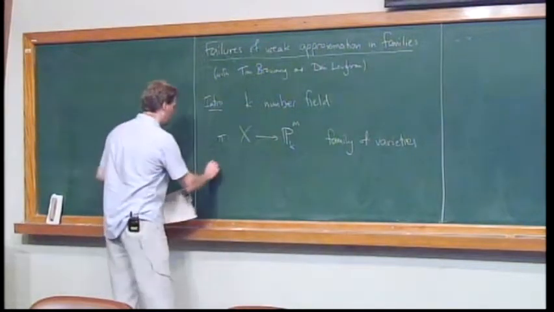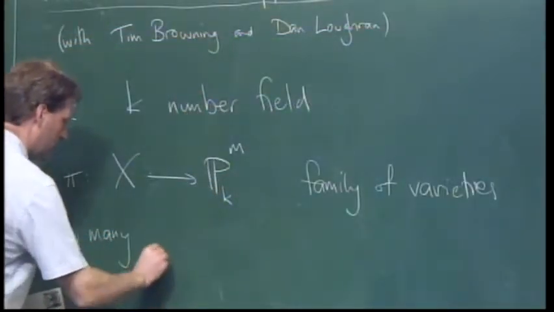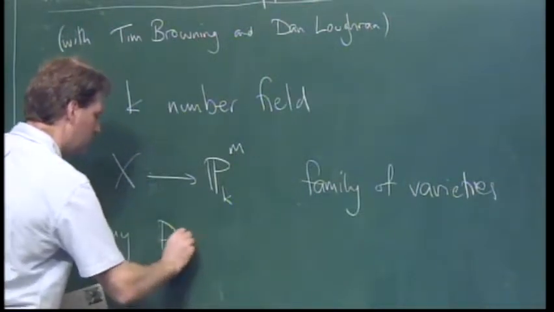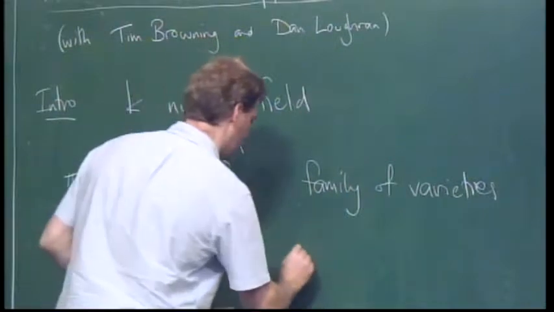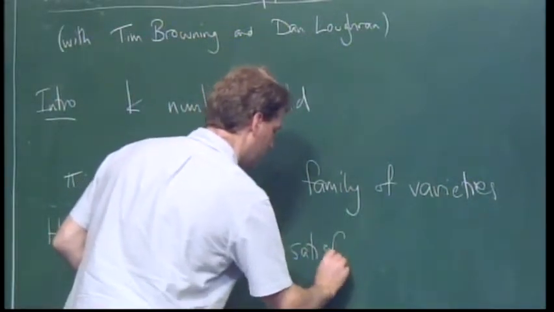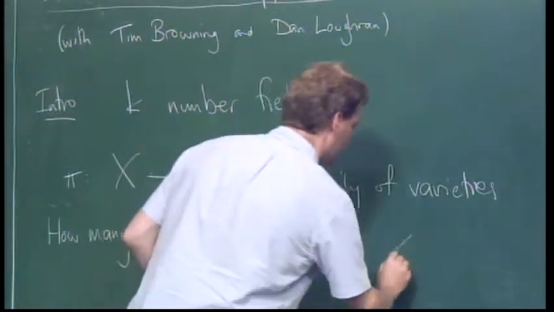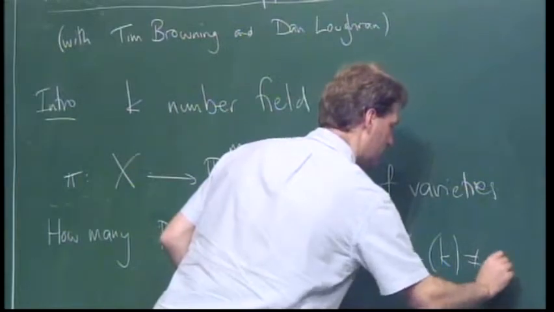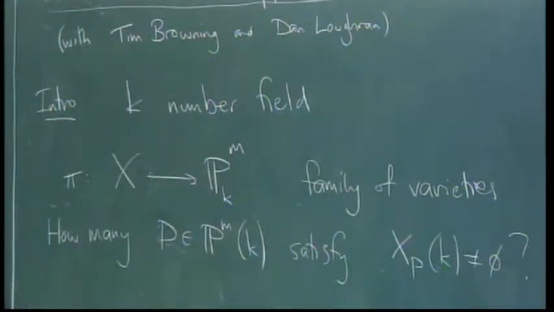Well, you probably want to ask how many P in P^m(K) satisfy, how many of these things actually have a rational point? So how many of them satisfy X_P(K) non-empty? That would be a nice question to be able to answer.